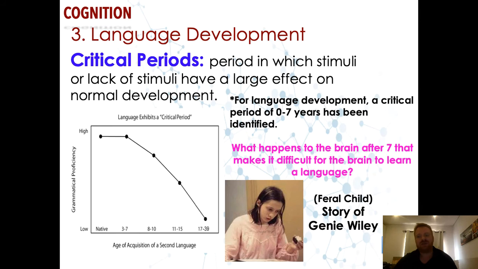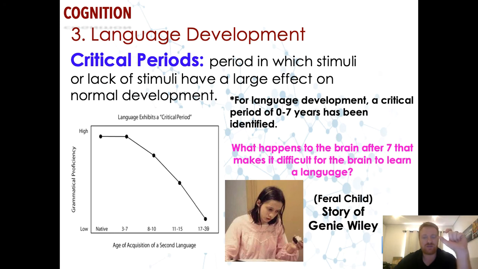Now, one of the ways that we can see this idea of nature versus nurture is when we have unique case studies that allow us to look at these critical periods of language development. So we've talked about critical periods before. Basically, it's a period in which you need to have certain stimuli, and if you lack that stimuli, it has a large effect on normal development. So you need to have stimulation during certain times of your life in order to have normal development.